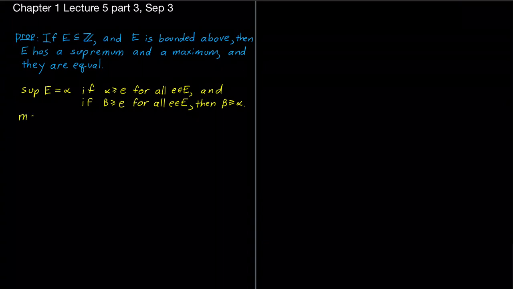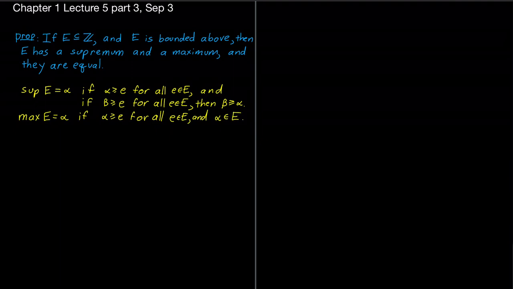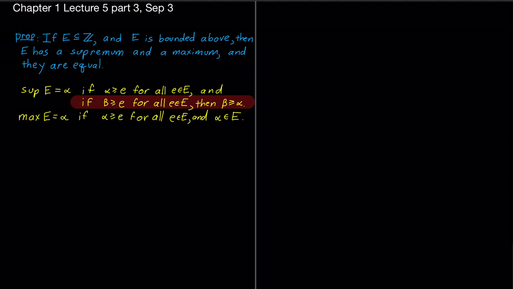And the maximum is what you'd expect, max equals alpha, if alpha is bigger than e for all e in E, and also alpha is in E. So the supremum is this sort of specialized and awkwardly phrased condition, and the maximum is just the biggest element of a set.